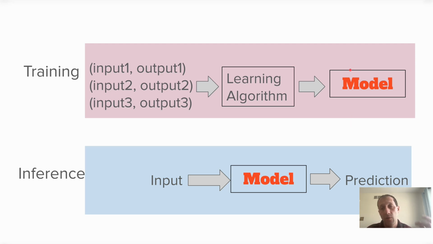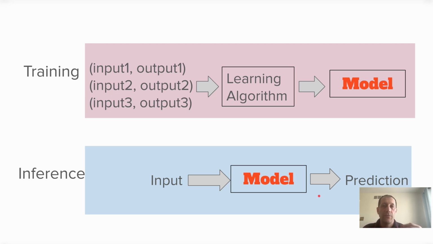And then once that model is learned, you just grab it, plug it into your inference. Now you can give it an input, and that model hopefully can map the inputs to outputs so it can make a prediction of what the output should be.